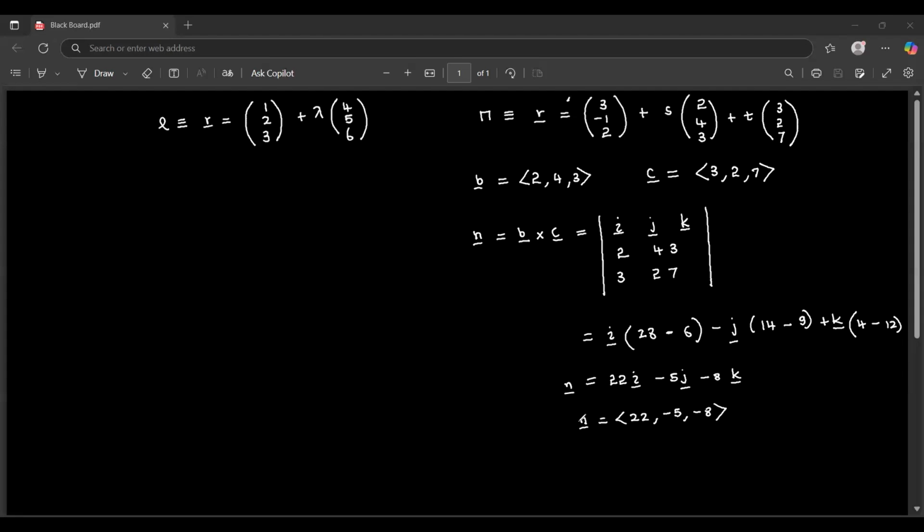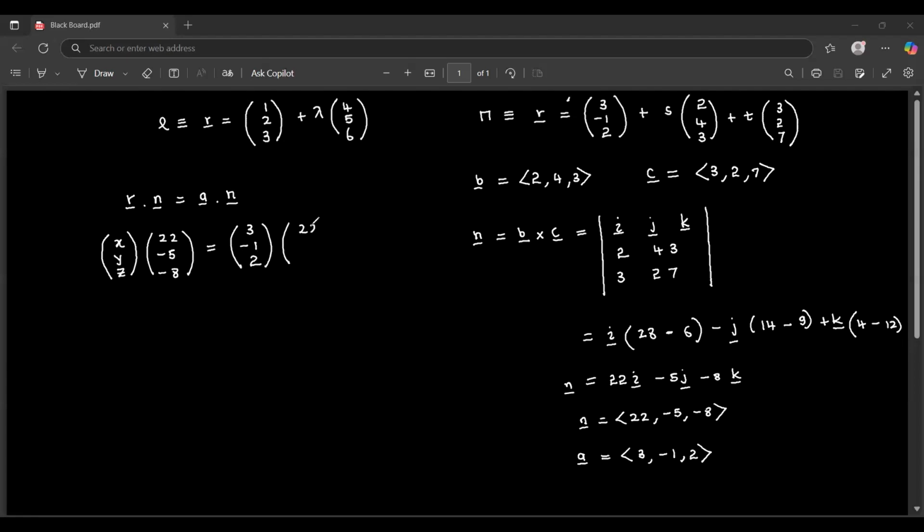Now, since we know the n and we also know a point, the position vector of a point on the plane, that can be given as a equals 3, minus 1, and 2. So now we can come up with the Cartesian equation. r dot n will be equal to a dot n, and in this case r will be x, y, and z. n is given as 22, minus 5, and minus 8, and a is given as 3, minus 1, and 2.